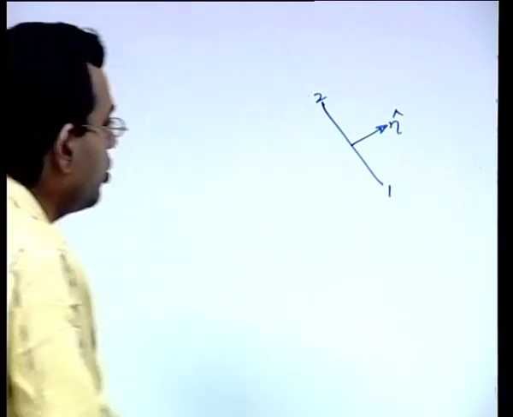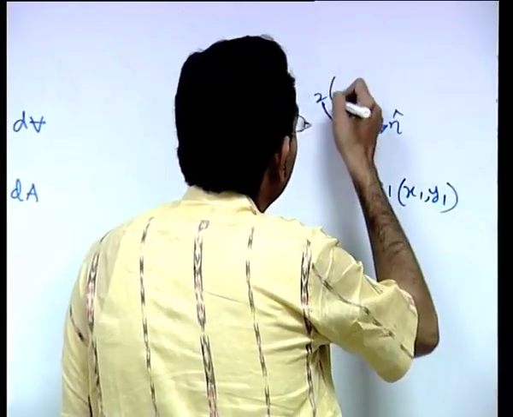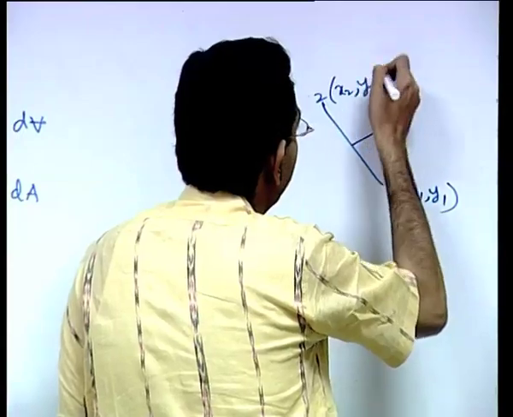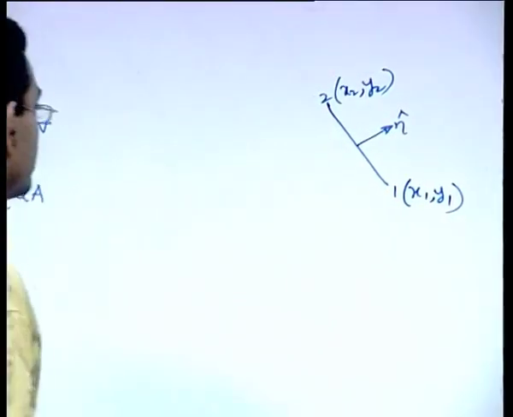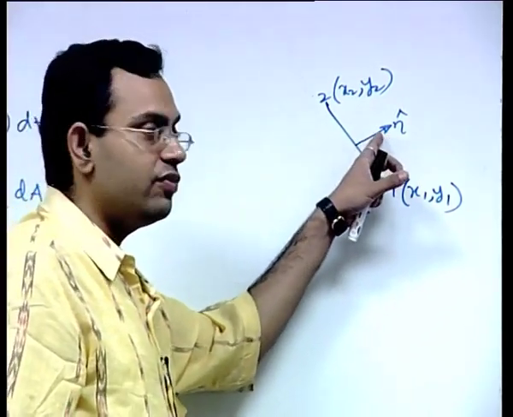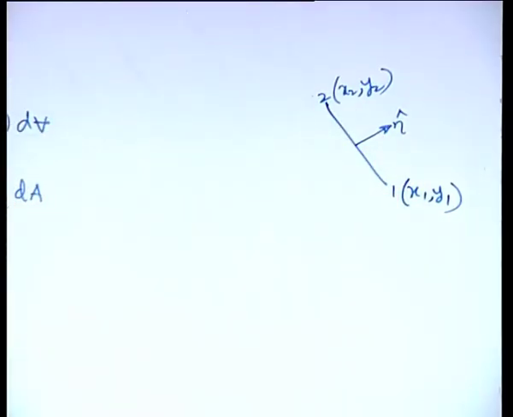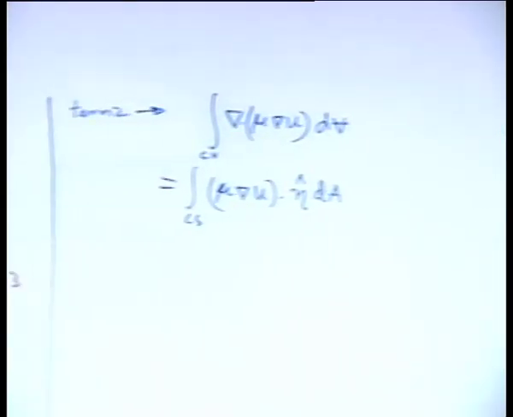Let us say that the coordinates of 1 are x1, y1, and the coordinates of 2 are x2, y2. So let us try to describe the unit normal vector eta in terms of these coordinates, because the coordinates are the information that you have in your hand.